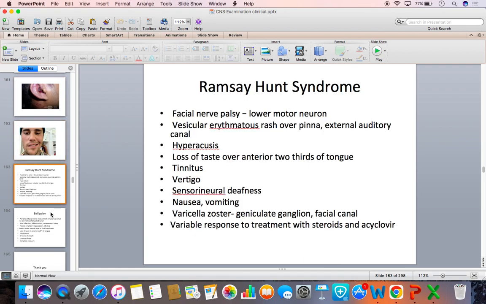What are the other features? Hyperacusis, loss of taste, tinnitus, vertigo, sensorineural deafness, nausea, vomiting. So the disease is caused by the varicella zoster of the geniculate ganglion and also involves the facial canal. And the condition shows variable response to treatment with steroids and acyclovir.